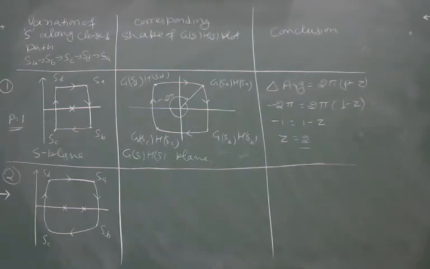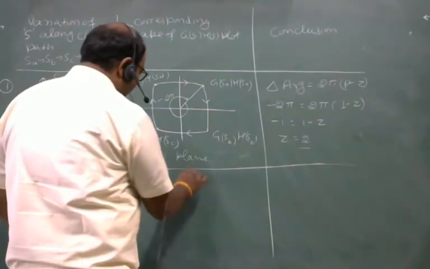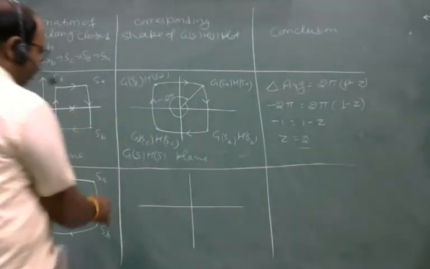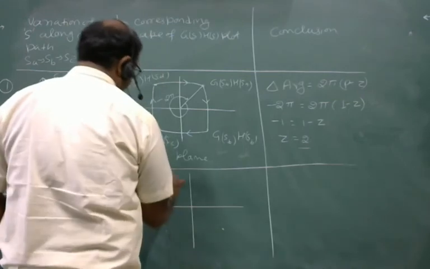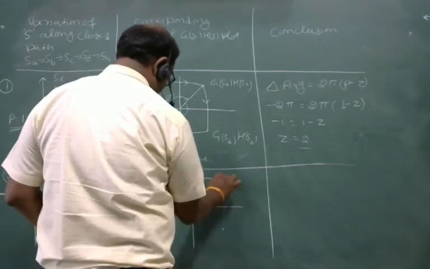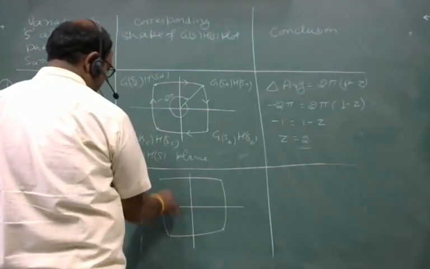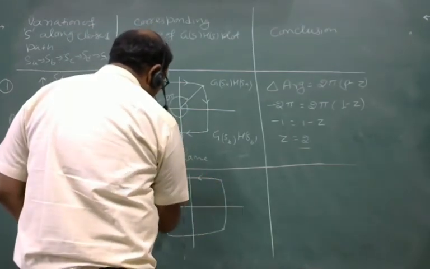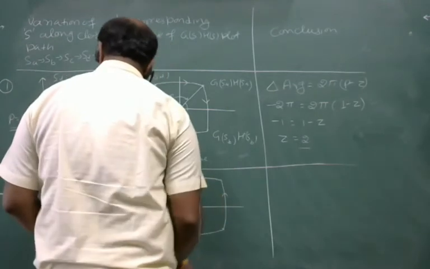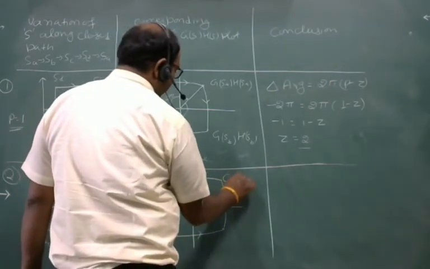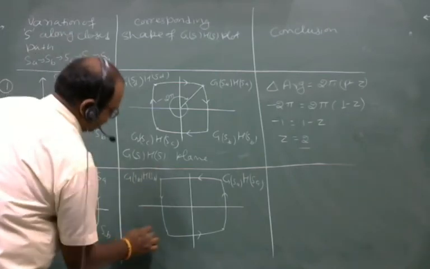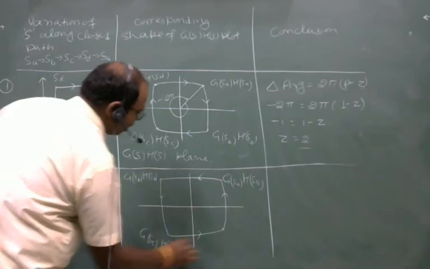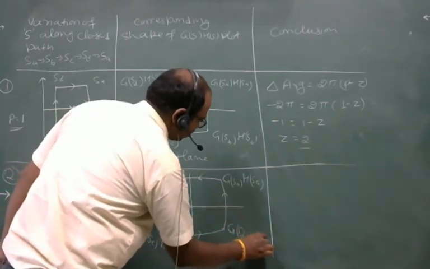This is the s plane, and in the GsHs plane, let the diagram be like this, again in the anti-clockwise direction, and it is GsA, HsA, GsB, HsB, GsC, HsC, and GsD, HsD.